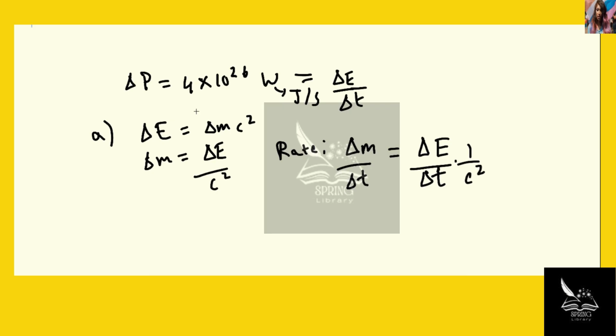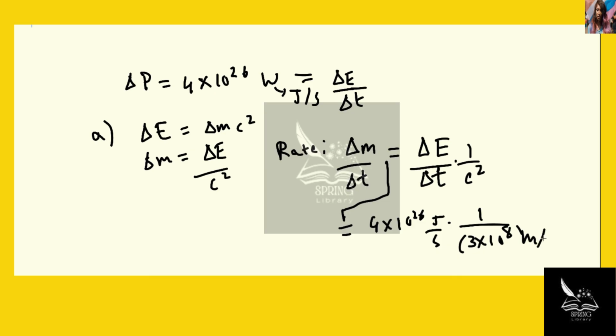Delta E over delta t we have given. And so this is just 4 times 10 to the 26 joules per second times 1 over the speed of light squared. So that's 3 times 10 to the 8 meters per second, squared. Note that joules is in terms of meters, seconds, and kilograms, so we're working in SI units, so we're fine.